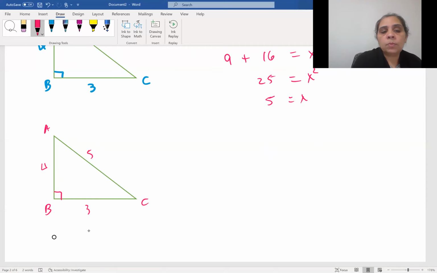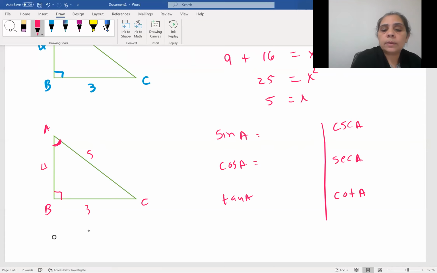Let's say we need to find for angle A. We have to find sine A, cosine A, tangent A, and then cosecant A, secant A, and cotangent A. How will we find it? For sine A, we use SOHCAHTOA, so you can write it on the side.